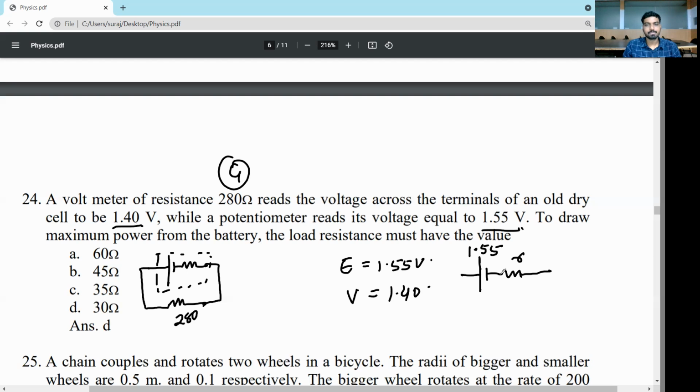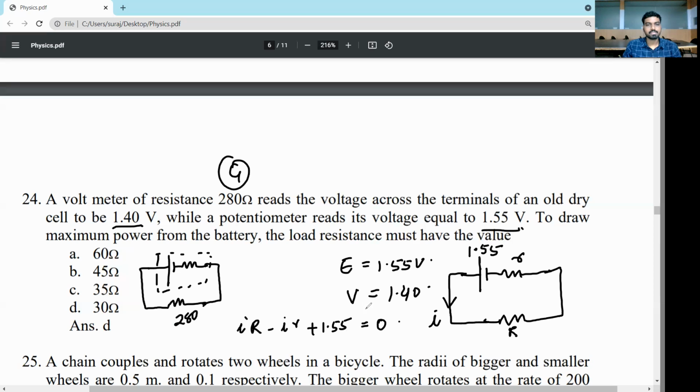So internal resistance is there. They're asking, to draw maximum power from the battery, what the load resistance must be. Let's say there is a load resistance R. Now apply Kirchhoff's law: I into R minus I into small r plus E, that is 1.55, should be equal to 0.